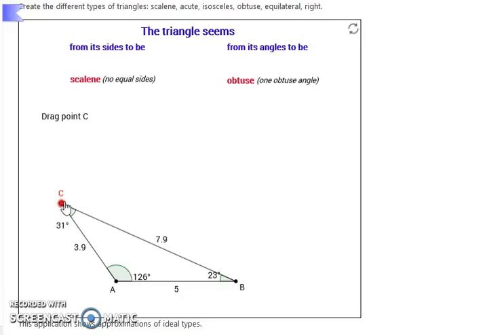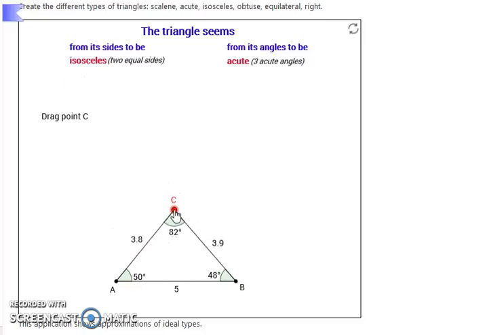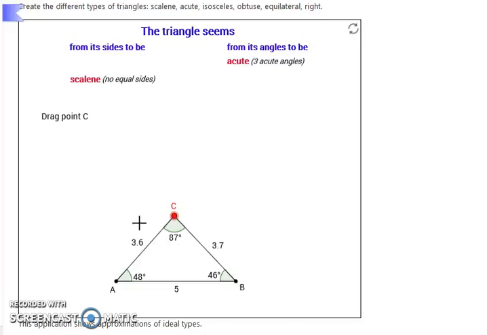Lastly, I'll show you what an acute angle looks like. So, what do you notice about the three angles? All three of them are below 90 degrees. An acute triangle is a triangle where all three of its angles are less than 90 degrees.